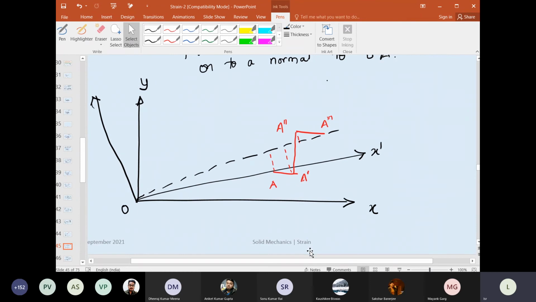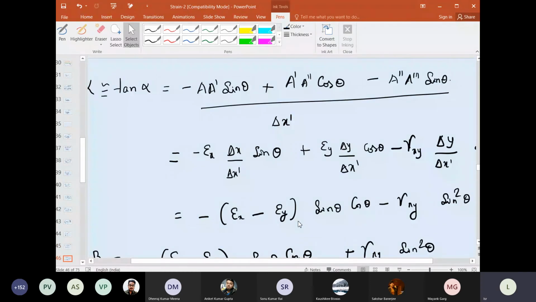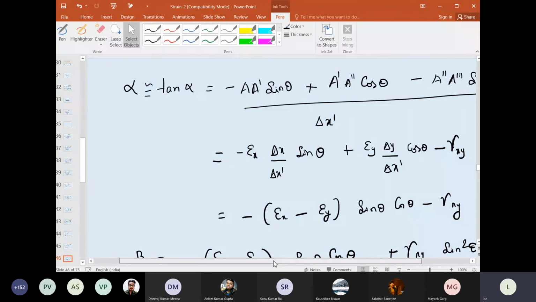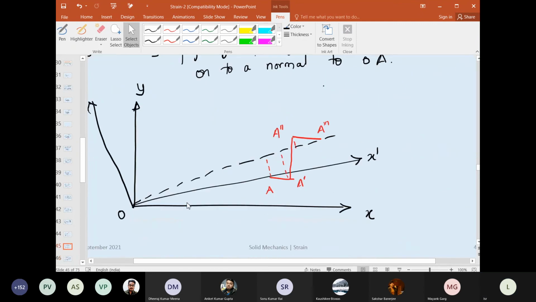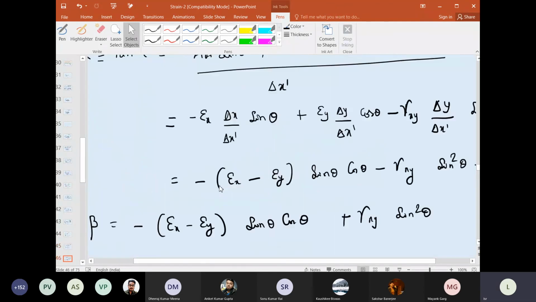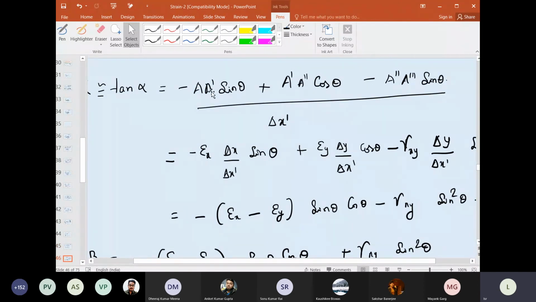Now if you write it all down, alpha is equal to, because tan alpha is very small, I have taken tan alpha as an approximation to alpha. That will be along that dotted axis. What is the projection on this axis? I have found it as minus A dash sine theta, minus A double dash, A triple dash sine theta, divided by delta x.